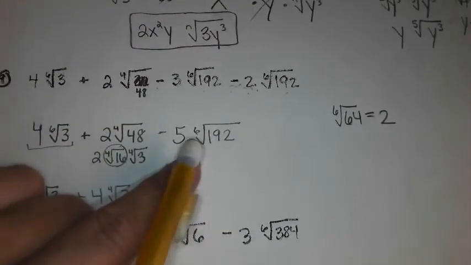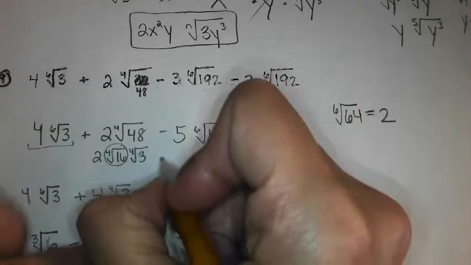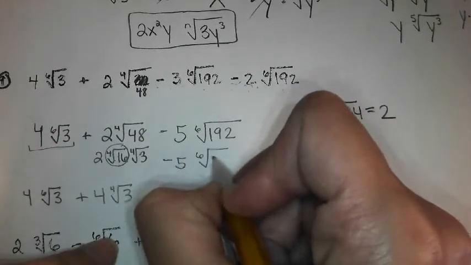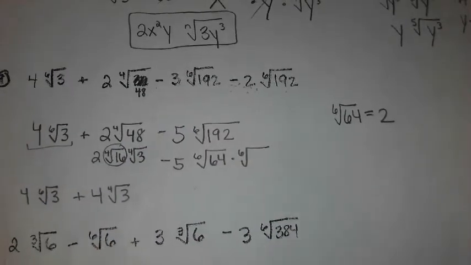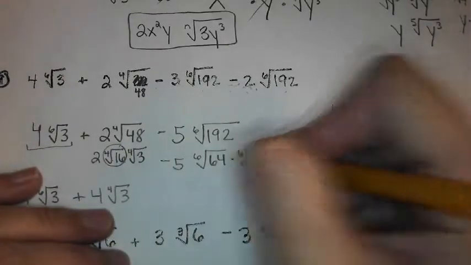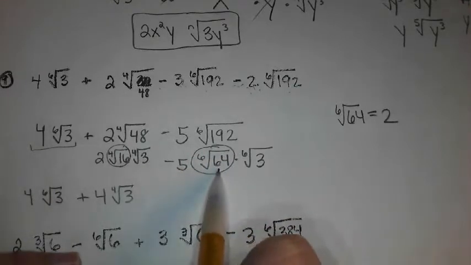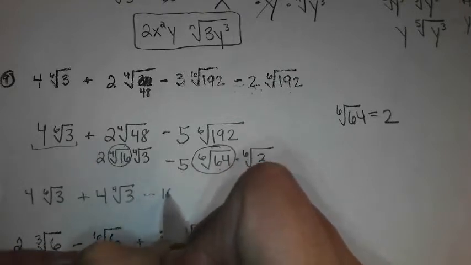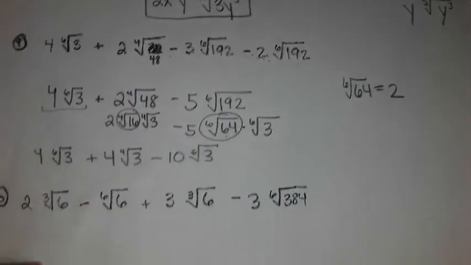Just a side note. Does 64 go into 192 by any chance? Yeah. Good. It does. So we're going to break down 192 into the 6th root of 64 times the 6th root of, how many times did it go in? 3. And the 6th root of 64 we just said was 2. 5 times 2 is 10. So negative 10 times the 6th root of 3.